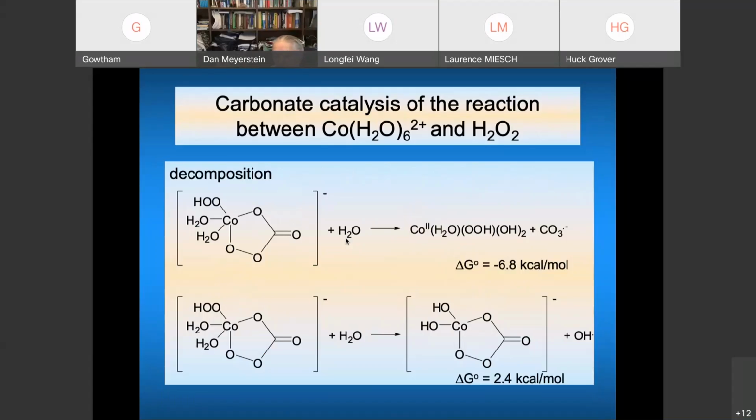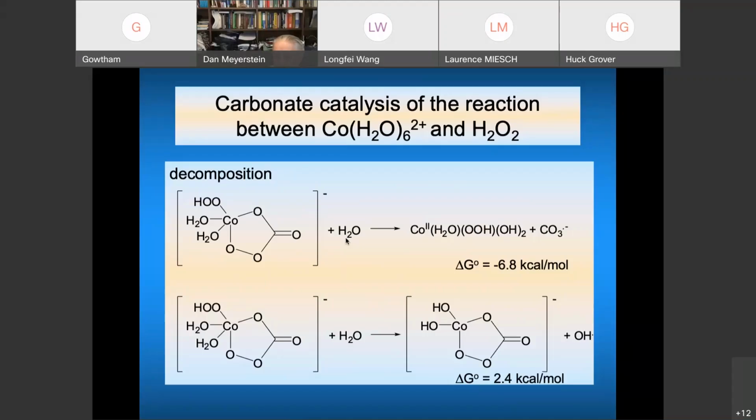One into carbonate anion radicals, which is a reaction which is exothermic, and the other into OH radicals, which is still endothermic. This will not happen. So in this system, what happens is you oxidize the ligands.